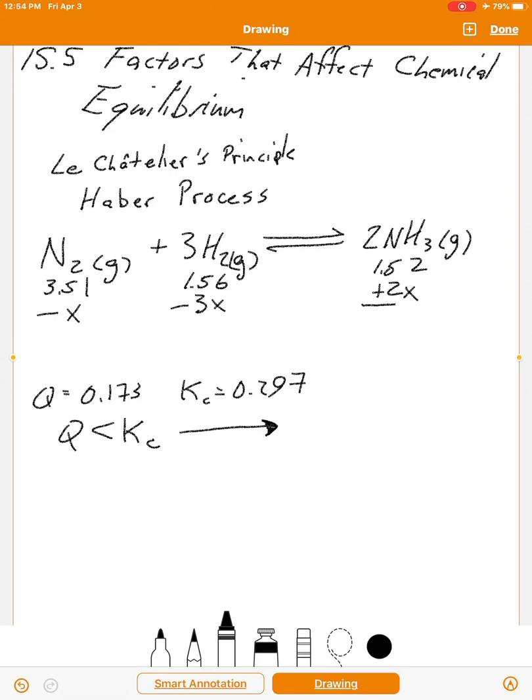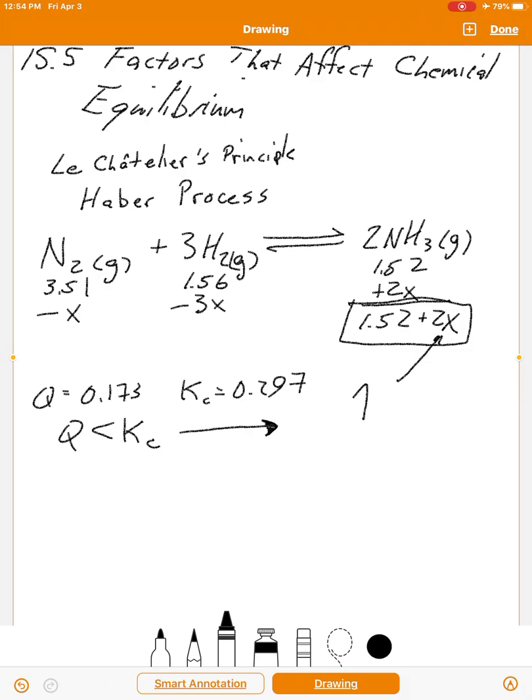And so it'll come back to equilibrium again. And when it comes back to equilibrium, the key here is that ammonia is going to be larger than it was at the beginning. At the beginning, it was 1.52 when it was at equilibrium, but now it's going to go up by some amount, 2x.